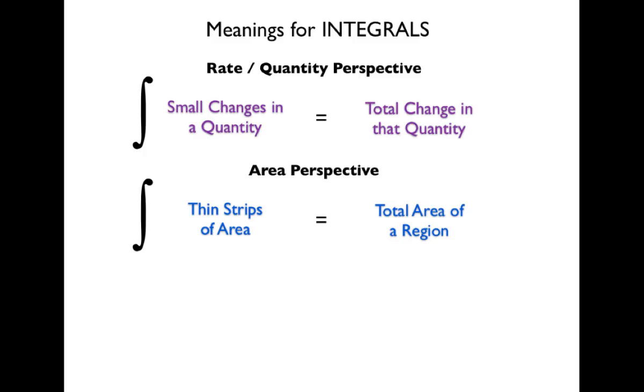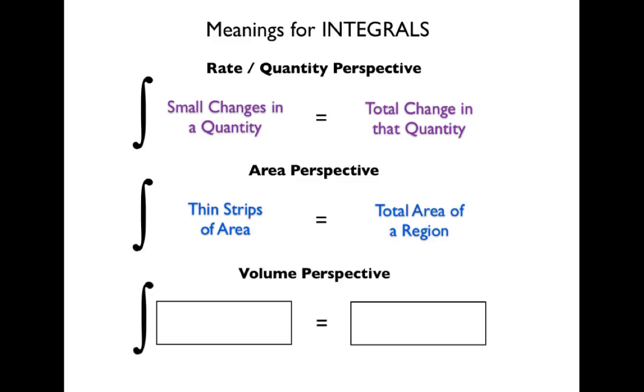We spent a couple of days on that. And so now we're going to do volume. We're going to start the volume perspective today. It's the same thing over again, right? So what will we be integrating to get what? It won't be cubes. We'll do different things.